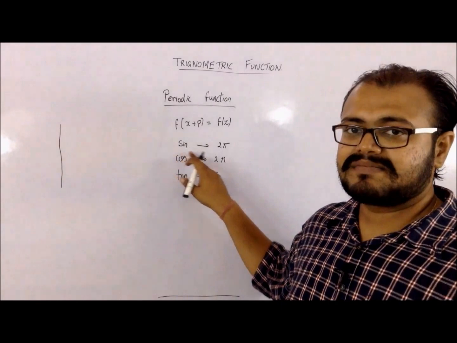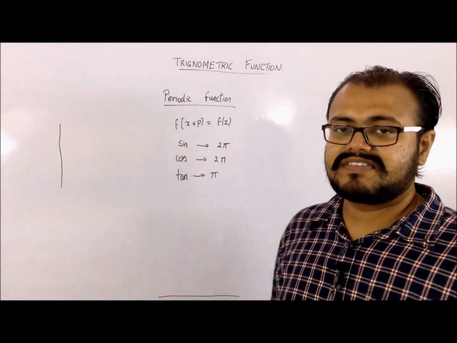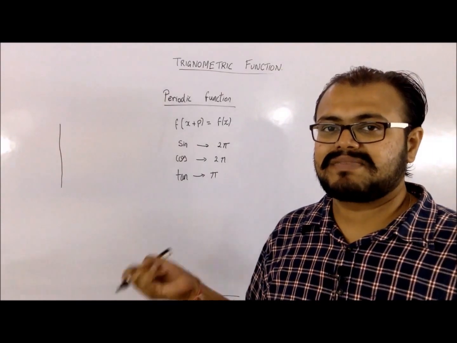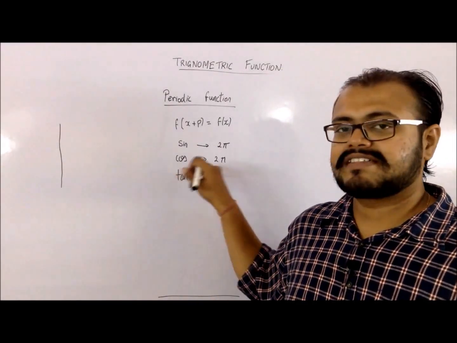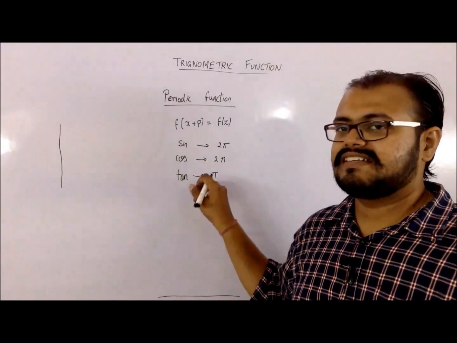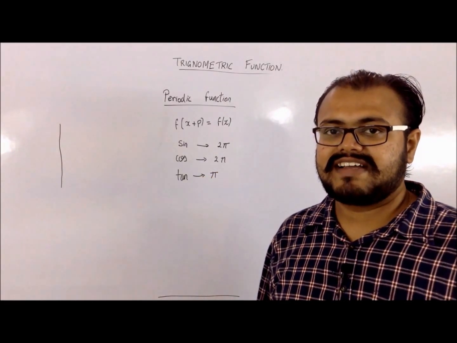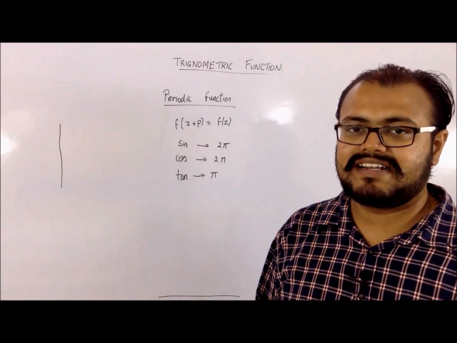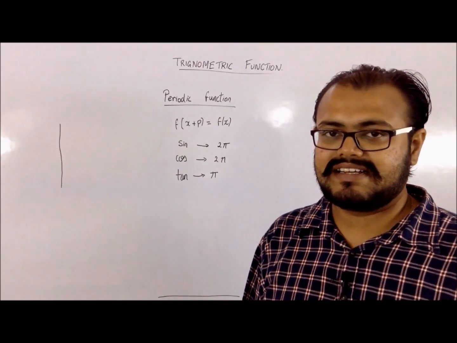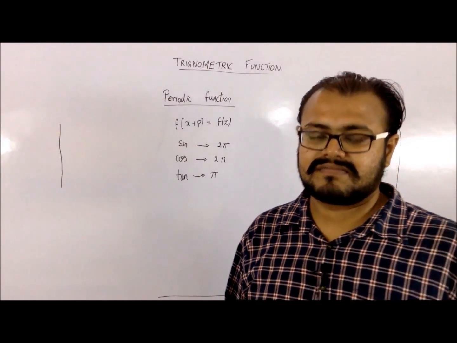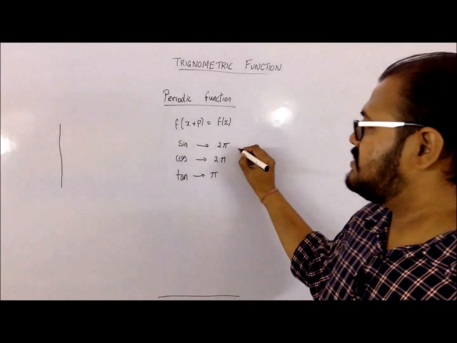Sine has a period of 2 pi, that is, if it goes around the whole circle, then sine repeats itself. For cos it is again 2 pi. For tan it is half of the circle, that is pi radians. So if I go a pi radian ahead, then I will get a repetition in the values of tan.